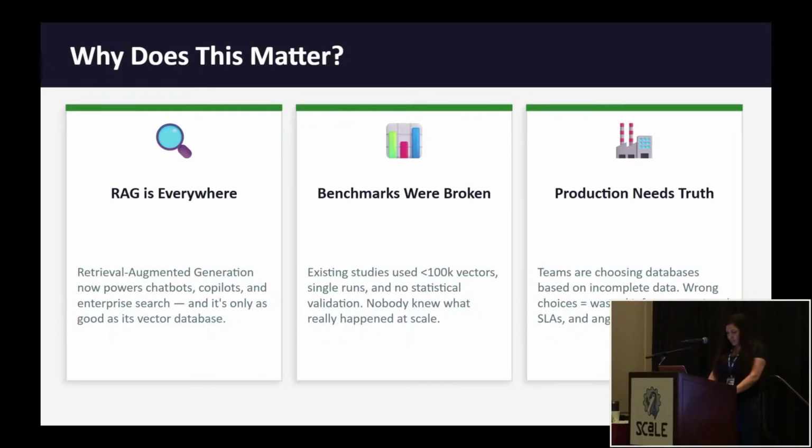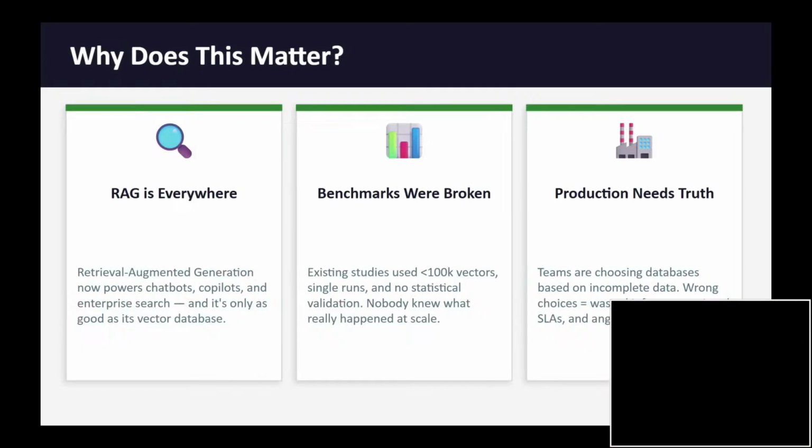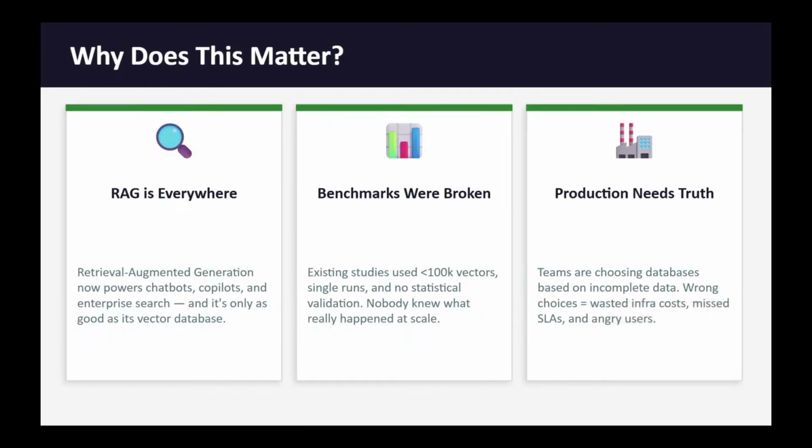So, vector databases are the engine inside RAG, retrieval augmented generation, a term that's been used in previous talks as well. And RAG is now the dominant architecture for production LLM applications such as chatbots, enterprise search, coding assistants, and so much more. RAG is how most production LLM applications fetch relevant knowledge before generating a response.